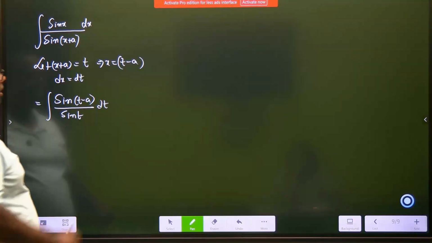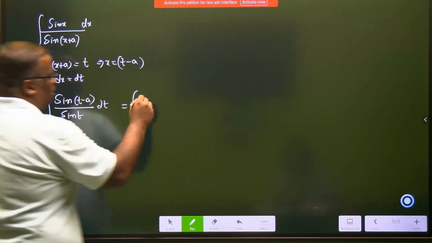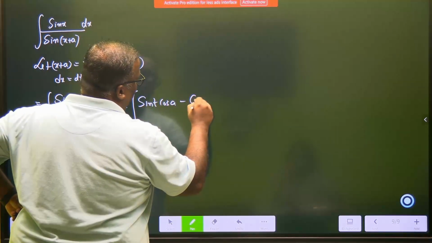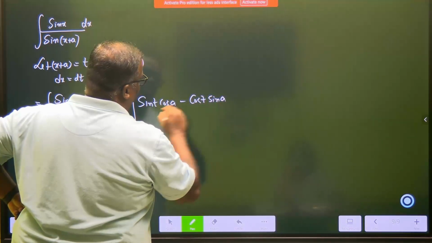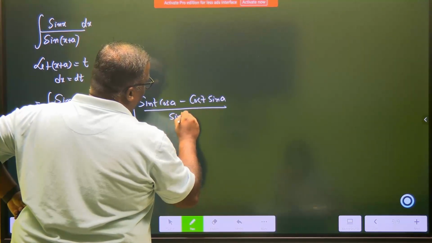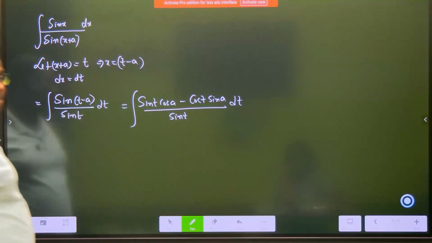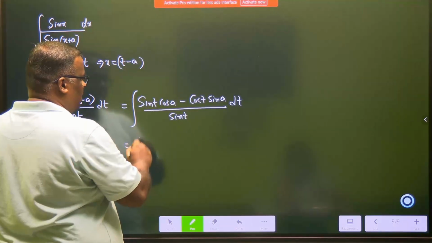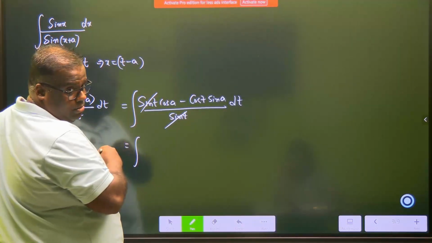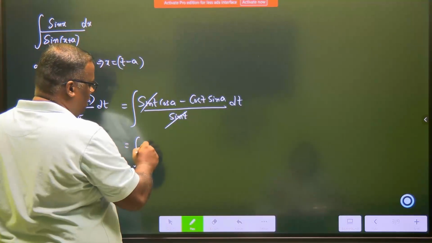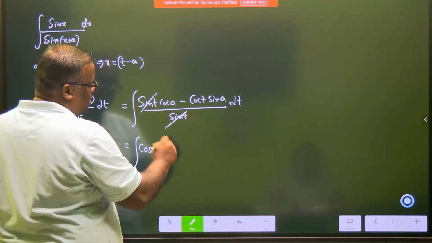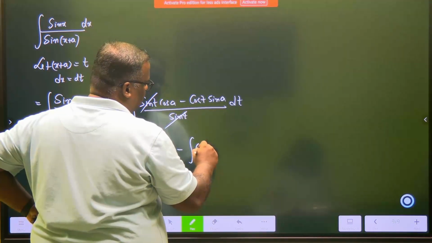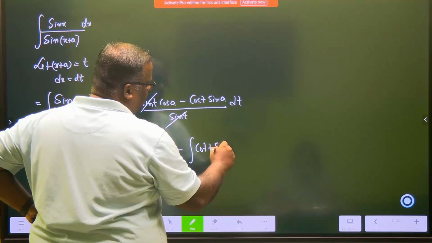Agreed? Sine of a minus b is sine a cos b minus cos a sine b, divided by sine t dt. Okay, now just see the beauty. If I split them, sine t is gone. Here I'll be left with cos a dt, and here I will be left with cot t sine a dt.